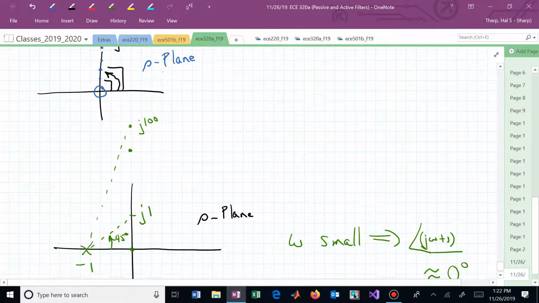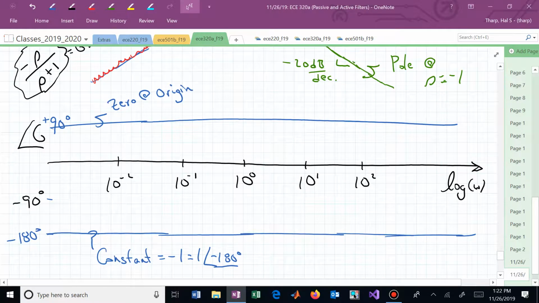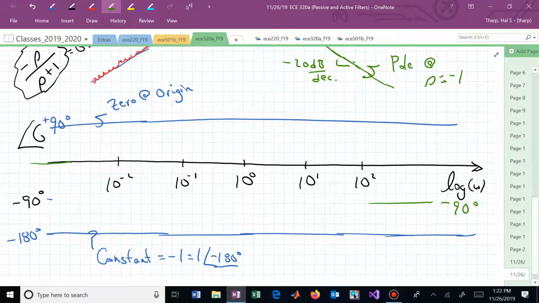Do you now believe me when I say we start at 0 and we end at -90? Now, how do we connect those two extreme values?